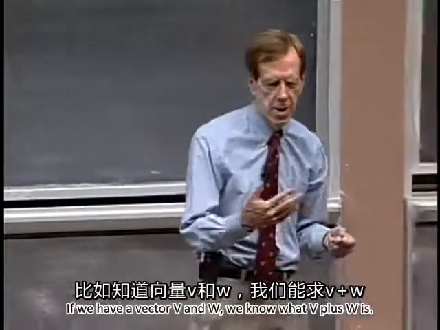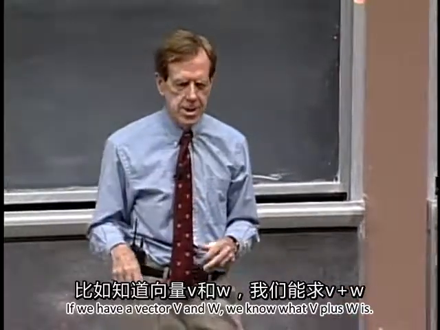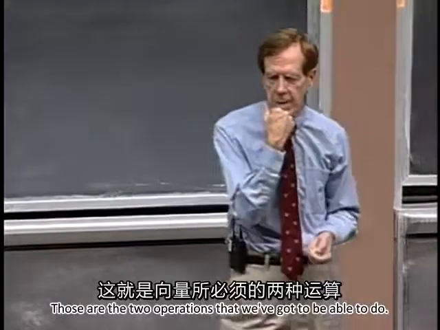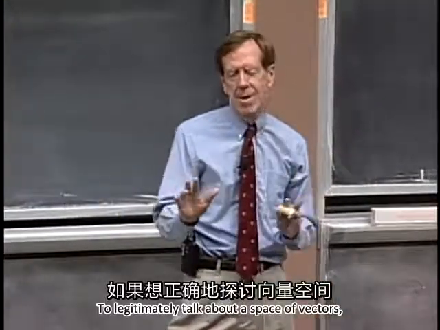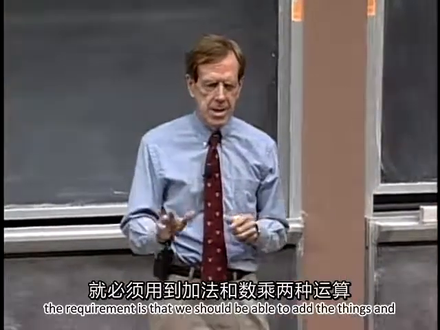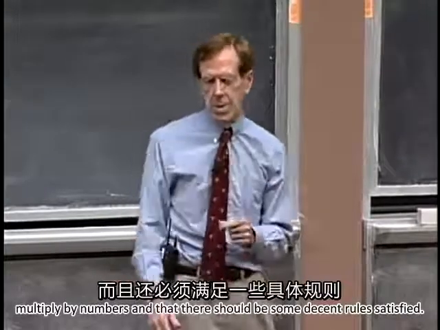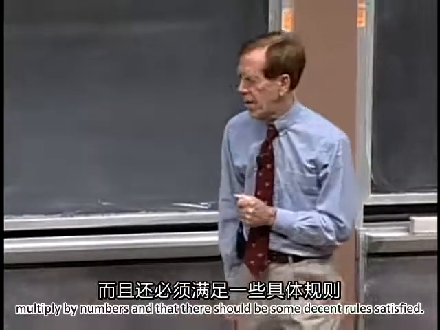If we have vectors v and w, we know what v plus w is. Those are the two operations that we've got to be able to do. To legitimately talk about a space of vectors, the requirement is that we should be able to add the things and multiply by numbers, and that there should be some decent rules satisfied.